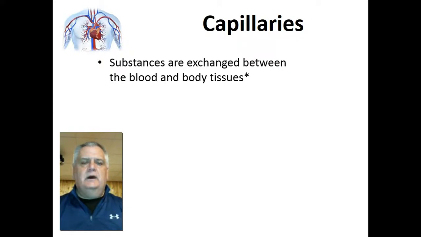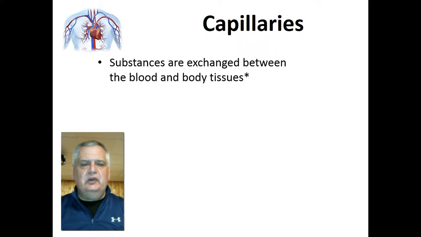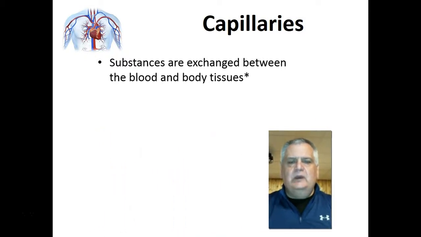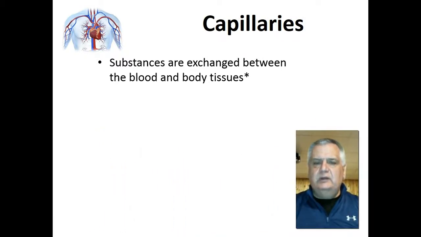So remember that we're made up of about 60 trillion cells, and each one of those cells is separated from another cell by resting in what I like to refer to as its own puddle of water, or the interstitial fluid. So when substances are exchanged between the blood and the body tissues, the exchange actually takes place from the blood into the interstitial fluid, and then from the interstitial fluid into the body tissues.